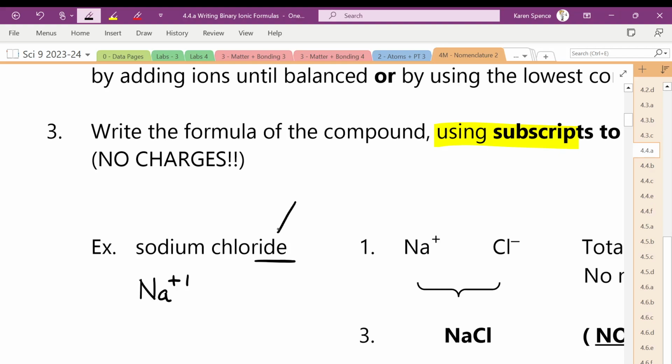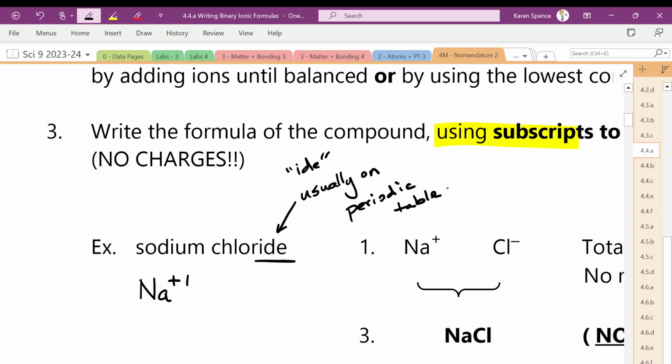Chloride, when you see the ending "ide", where will you usually find those? Will you find them on the polyatomic ion table, or will you mostly find them on the periodic table? Yeah, so if you see the ending "ide", it's usually on the periodic table.